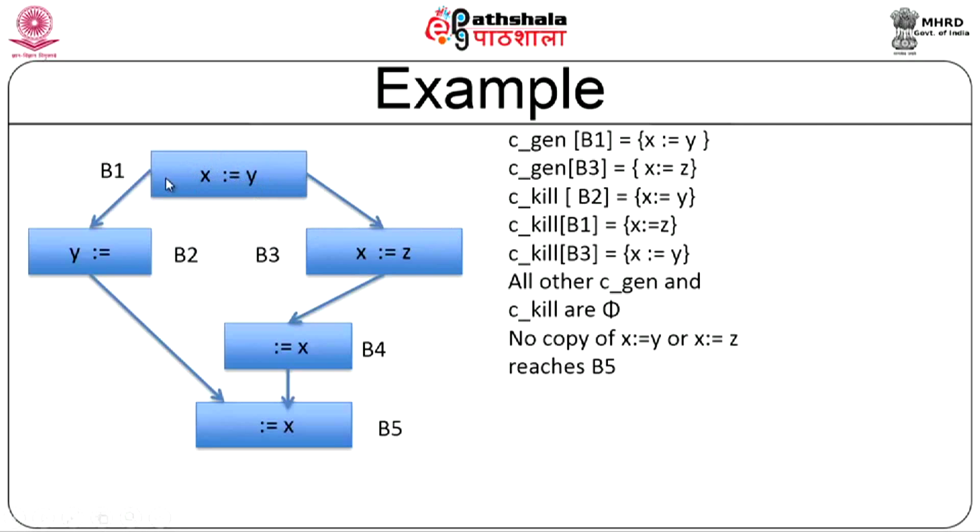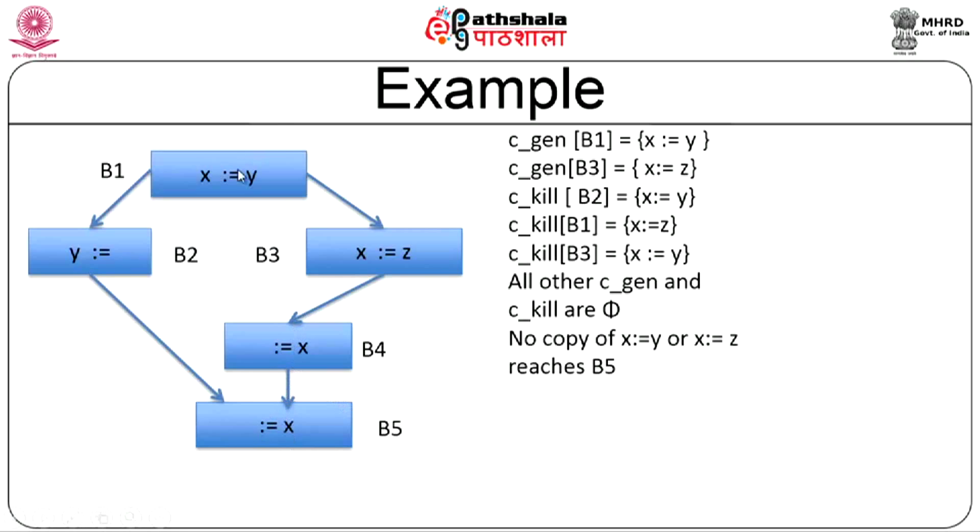So here, how do we define kill? Kill is whatever this particular basic block creates, that has to be subtracted from all other definitions or all other copy segments. So here kill of B1 is X is equal to Z, and for all other blocks, C gen and C kill are null. This creates Y, and this X is available in the RHS.